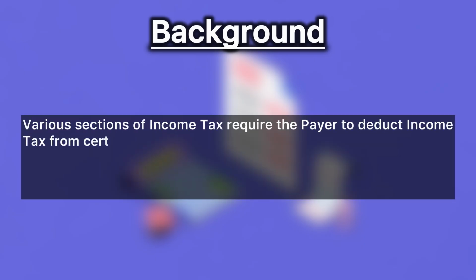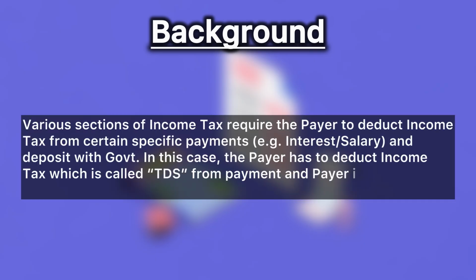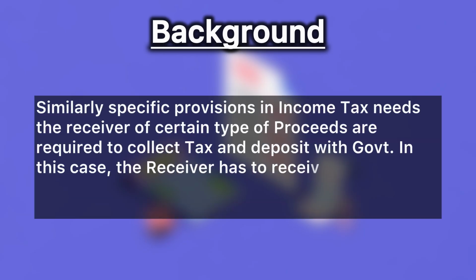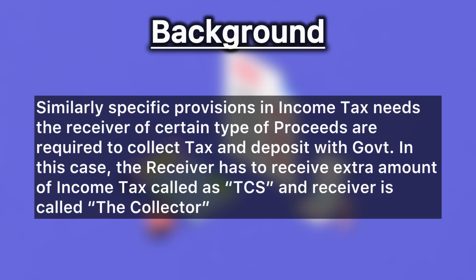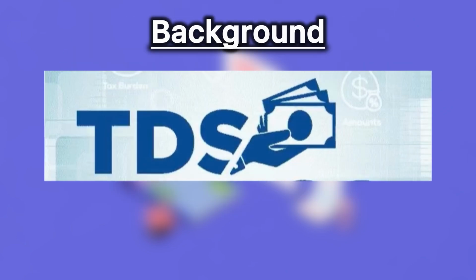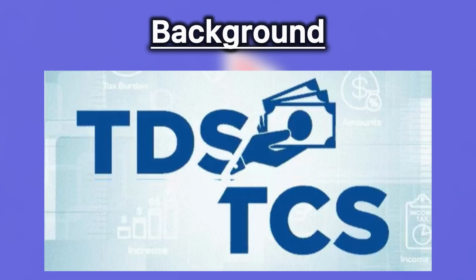Various provisions of income tax law require the payer of certain incomes to deduct income tax and deposit it with the government. Similarly, certain provisions require the receiver of incomes to collect the income tax in addition and deposit it with the government. When the tax is deducted by the payer, it is called TDS, and when it is collected by the receiver, it is called TCS.